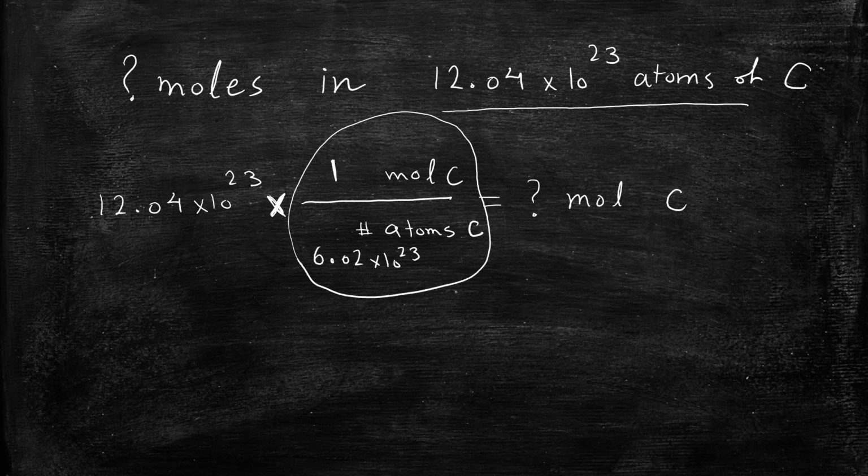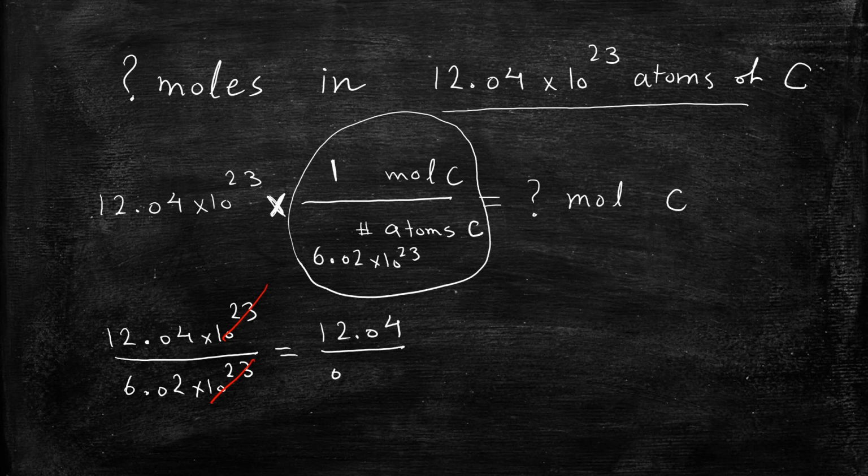Basically, we just need to say 12.04 times 10 to the power of 23 divided by 6.02 times 10 to the power of 23. You realize that 10 to the power of 23 cancels from top and bottom. 12.04 over 6.02, you can perform that either with your calculator or just in your head, and the answer is 2. So the answer is 2 moles of carbon. That many atoms of carbon is equivalent to just 2 moles of carbon.